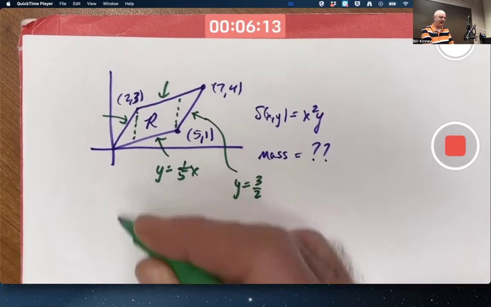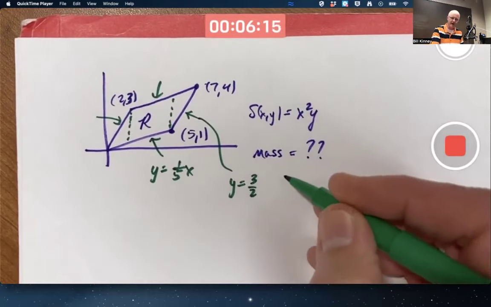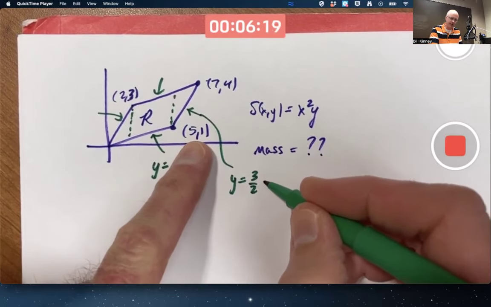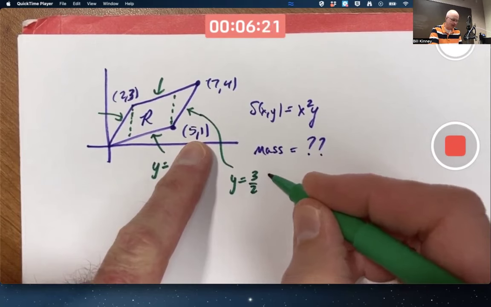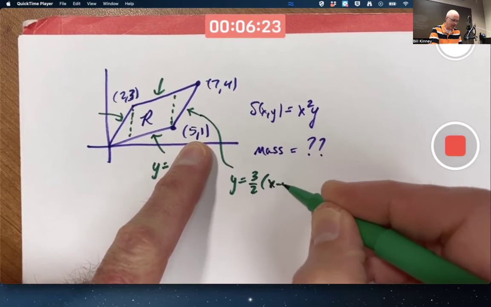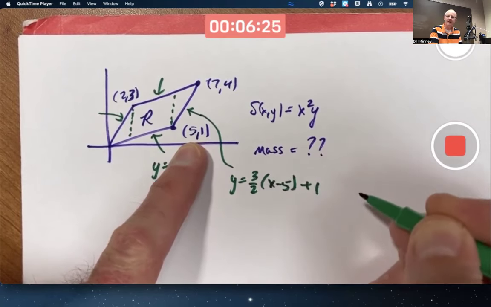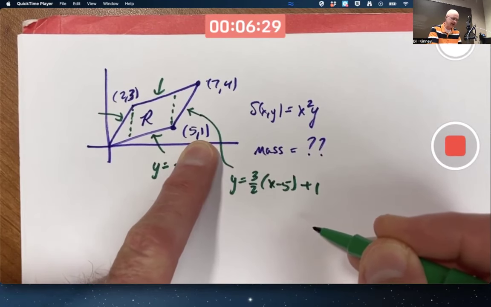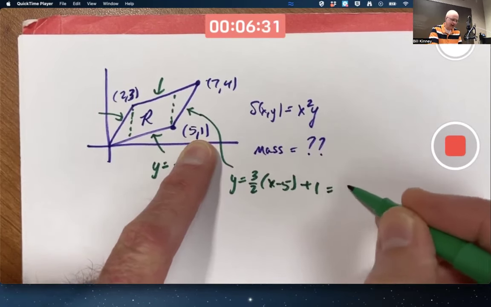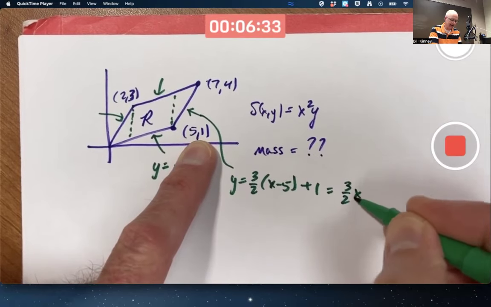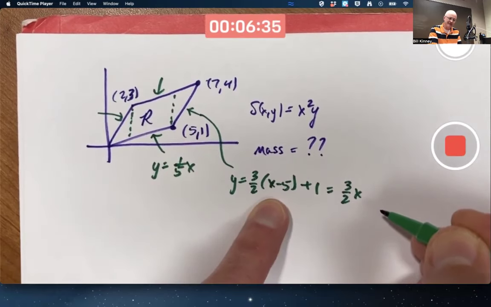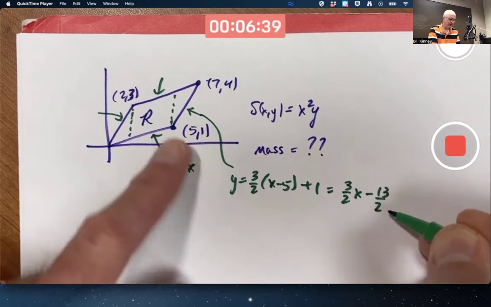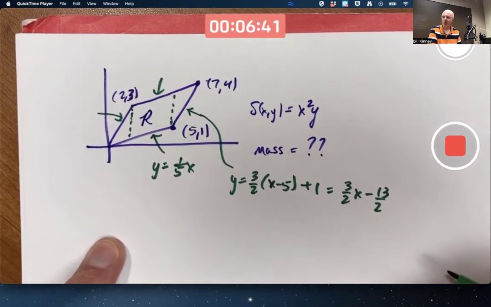It's hard to tell what its y-intercept is, so a quicker way to find the formula is to effectively use point slope form and write y equals 3/2 times (x minus 5) plus 1. So the minus 5 comes from the first coordinate and the plus 1 comes from the second coordinate. Expand this: 3/2 x minus 15/2 plus 1 will be minus 13/2. The y-intercept is actually negative 6.5.